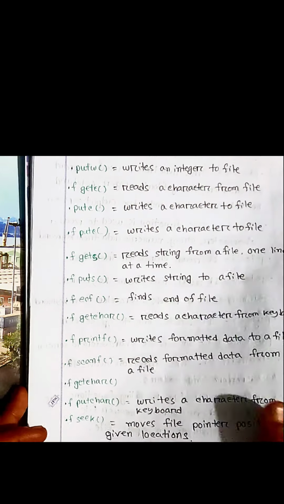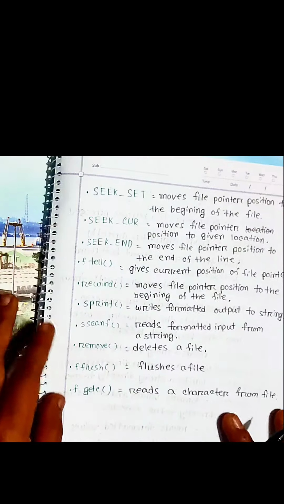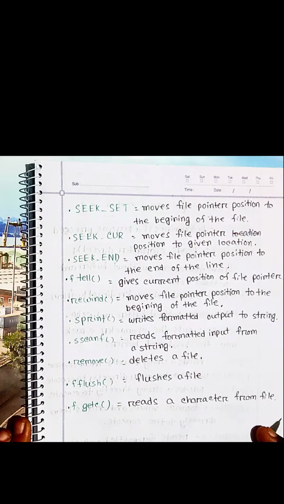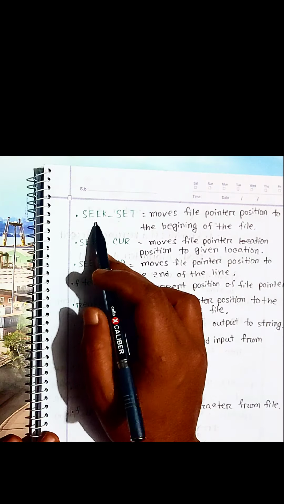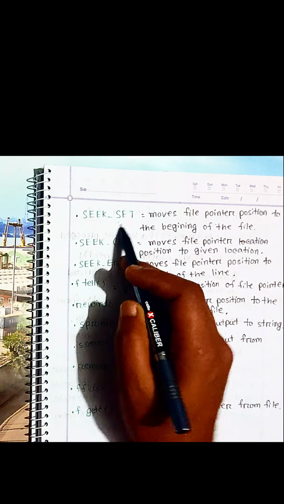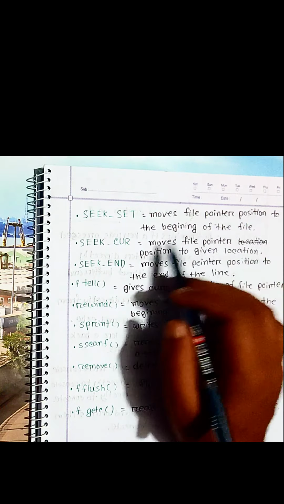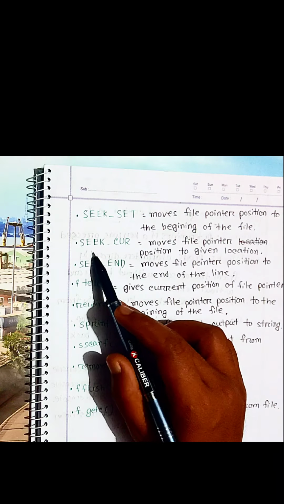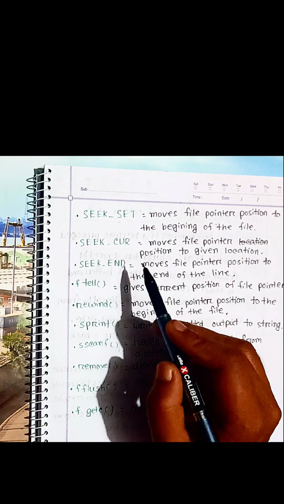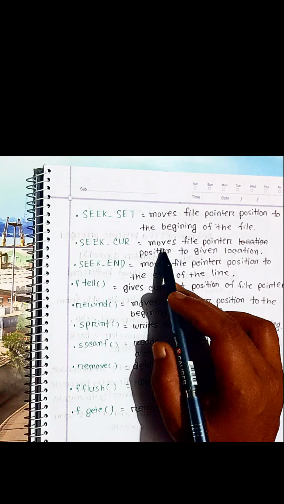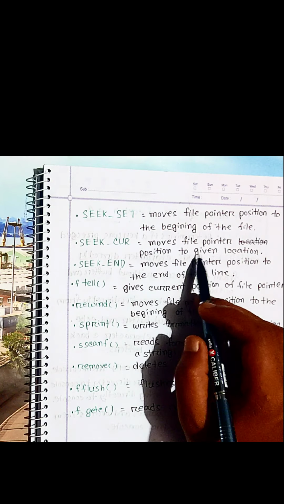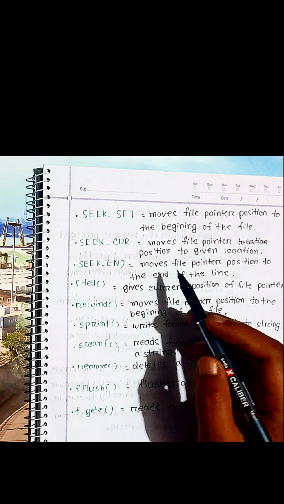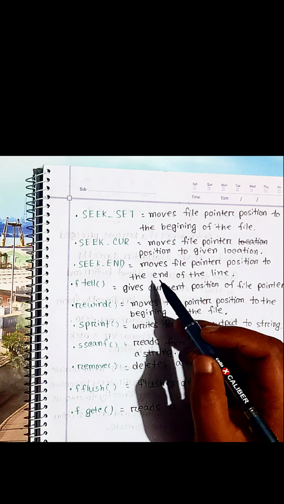Okay, let's see here. There are many more in this stdio.h. SEEK_SET moves file pointer position to the beginning of the file. Okay, SEEK_CUR moves file pointer position to given location where you want to get, or you want to replace the position.